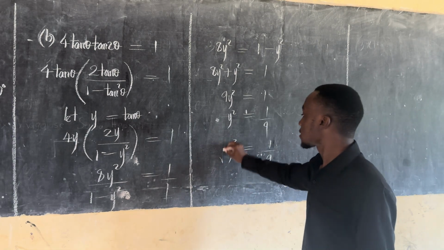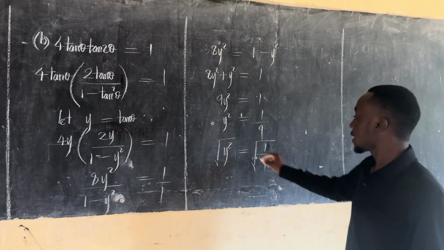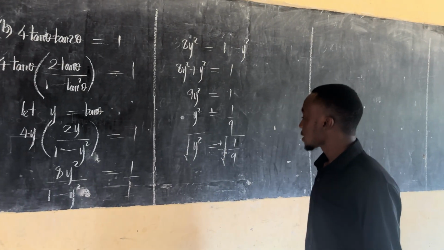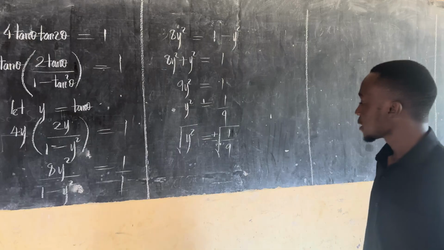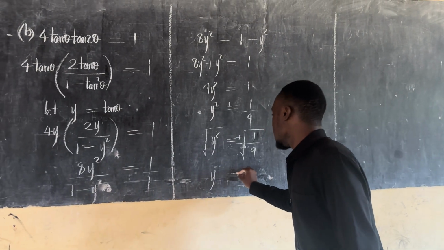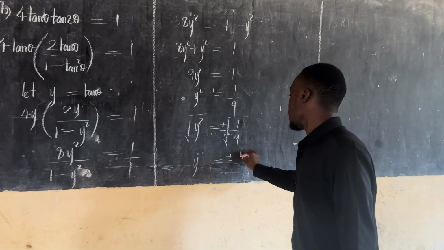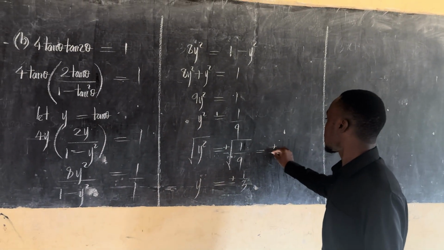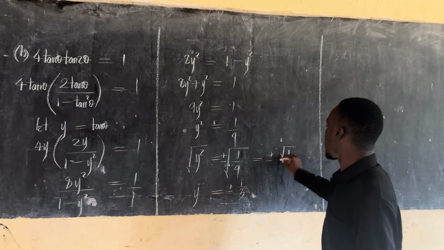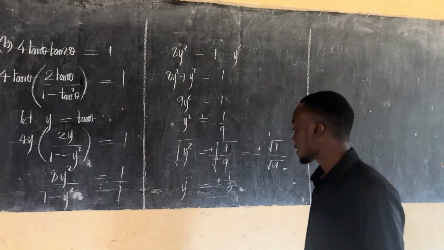And at the very stage of introducing square roots, I should indicate a plus or minus. That is why now our y becomes plus or minus a third.